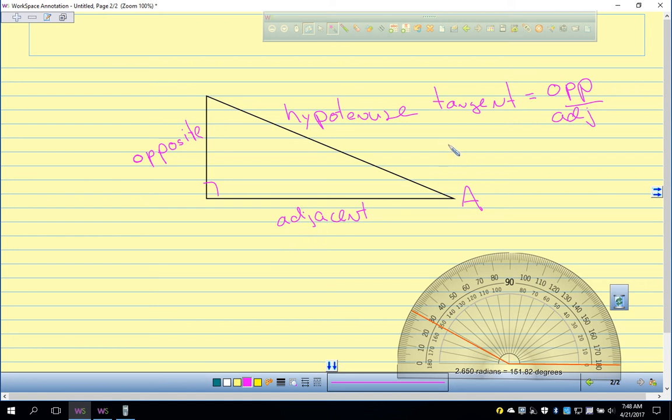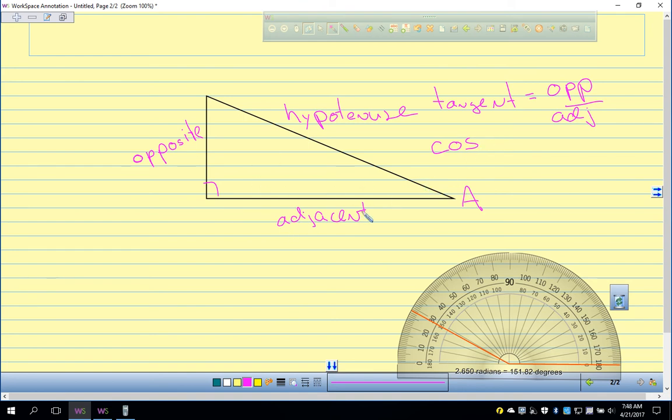Then they said, okay, what if I have this side and this side? With a right triangle, using the Pythagorean theorem, if I know this side and this side, how could I find this side? If I know 2 sides of a right triangle, how could I find the third side? By the Pythagorean theorem.